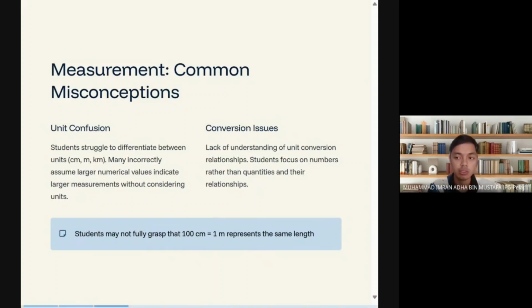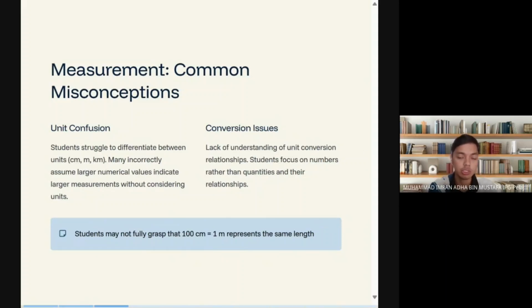For example, some students may incorrectly assume that a larger numerical value always indicates a larger measurement without considering the unit involved. This misunderstanding demonstrates that students may not fully grasp the concept of unit conversion.